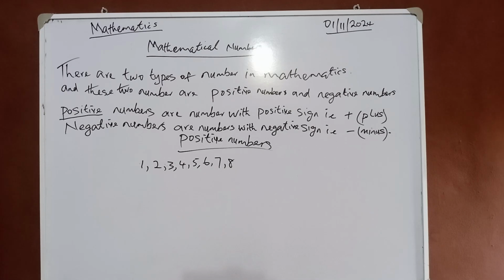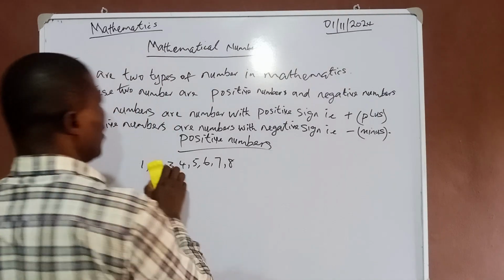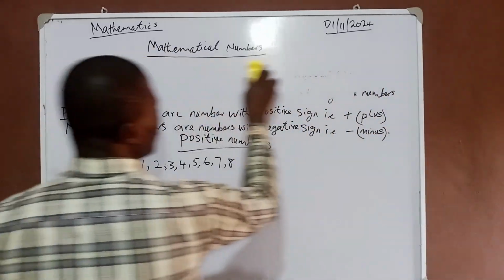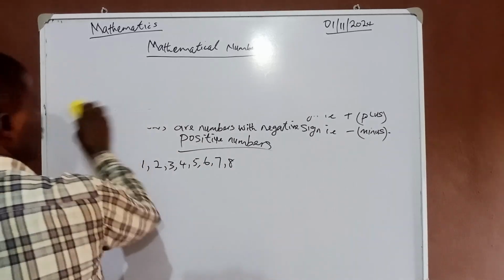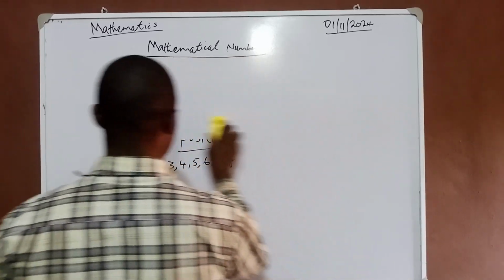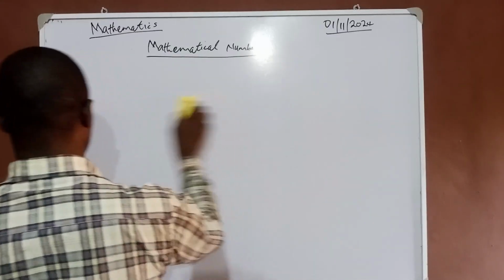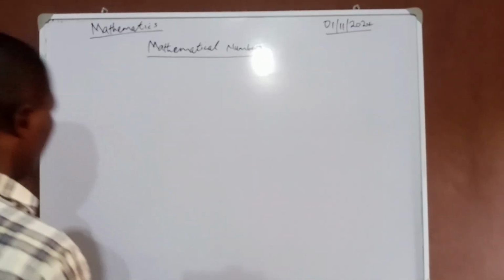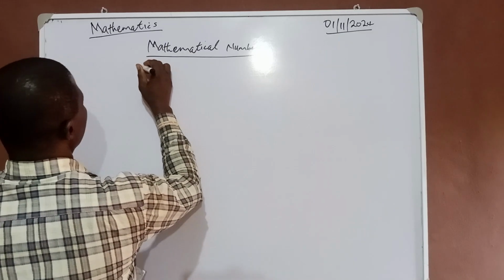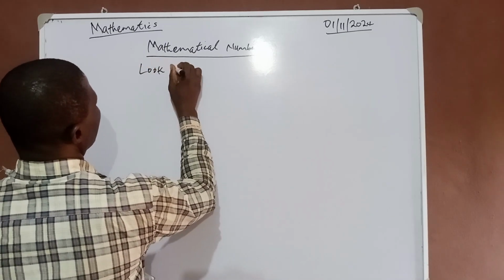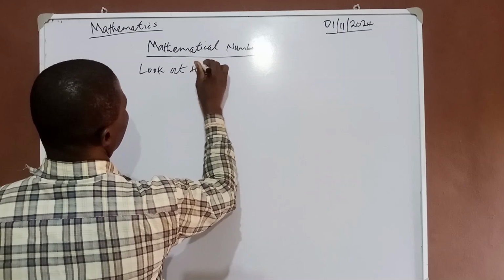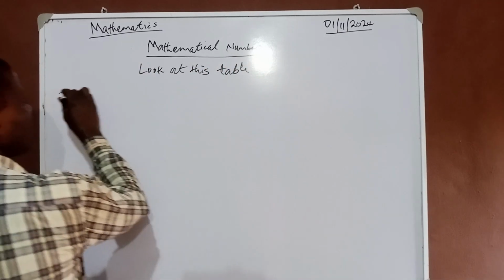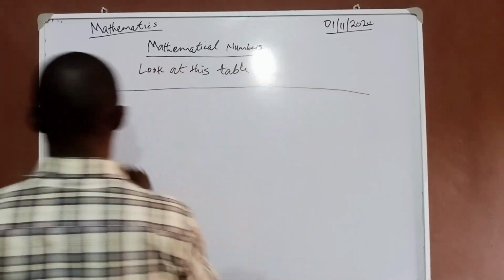We are going to study the table right now, where it can be demonstrated the easiest way to identify positive numbers up to 1 million, even billion. Look at this table.